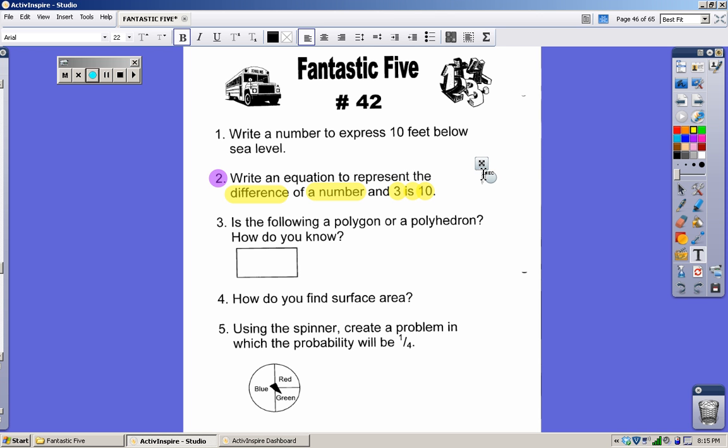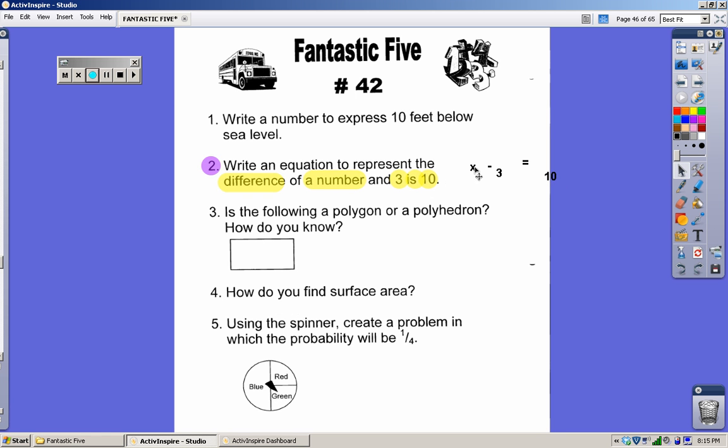I'm going to stick that out there first, if you can see that. And we're going to find the difference of a number. I'm going to call that x, because in middle school a lot of times they're going to call that x. So go with x. And 3 is equals, and that equals 10.